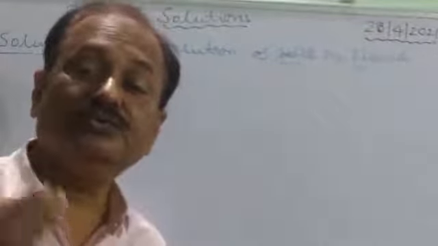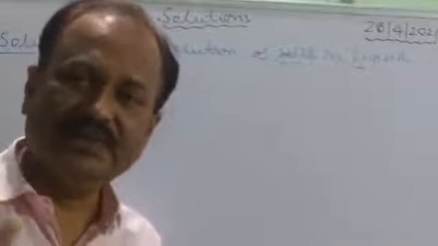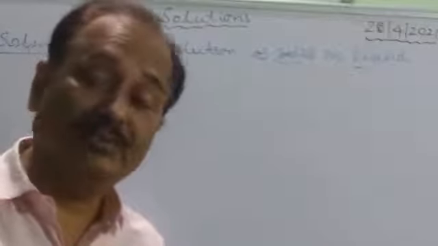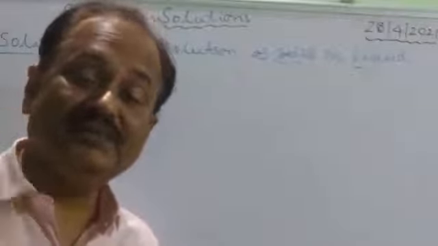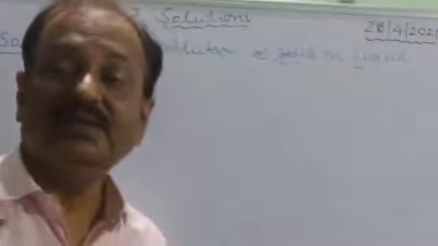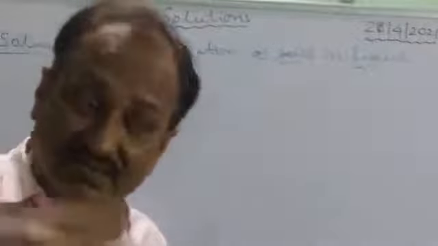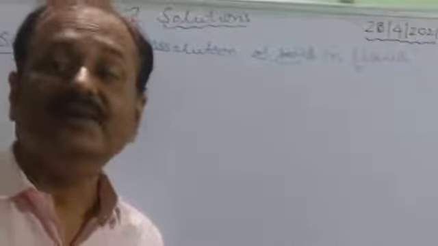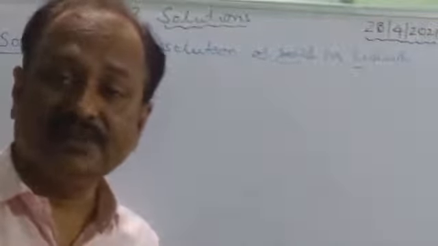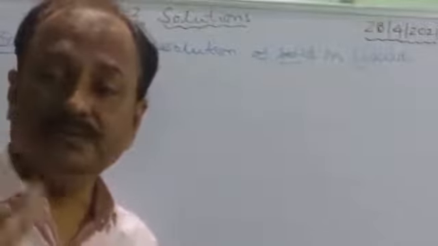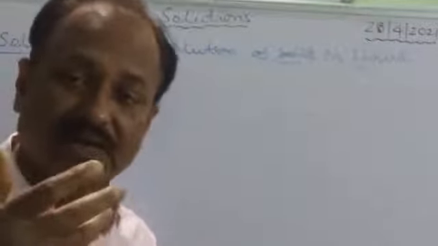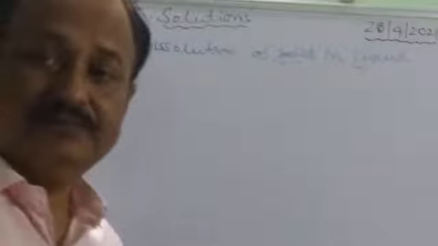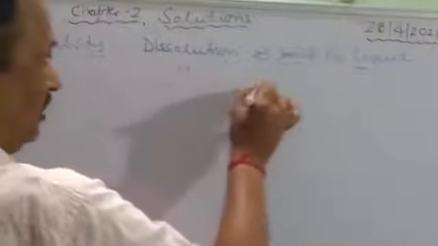If you want to dissolve sugar candy or misri, we are unable to dissolve it. Why? Because it has larger particle size and the surface area is less. So surface area is increased in the case of powdered sugar or castor sugar.